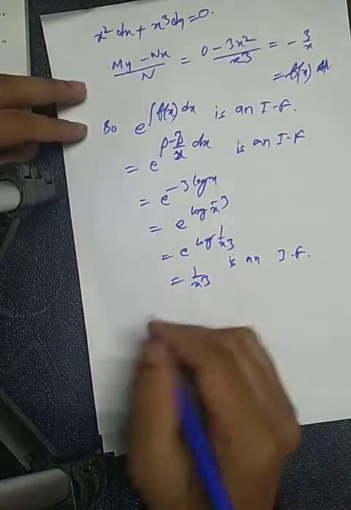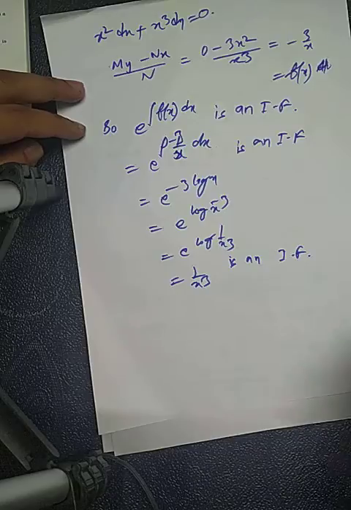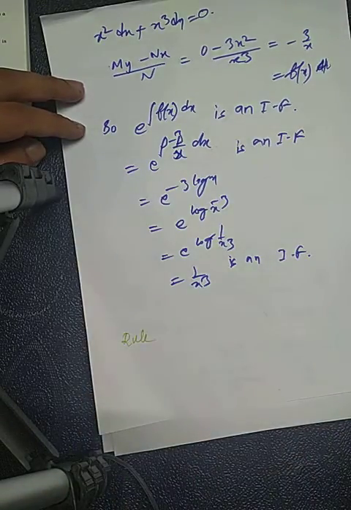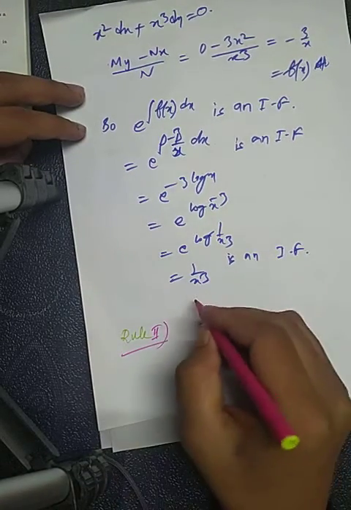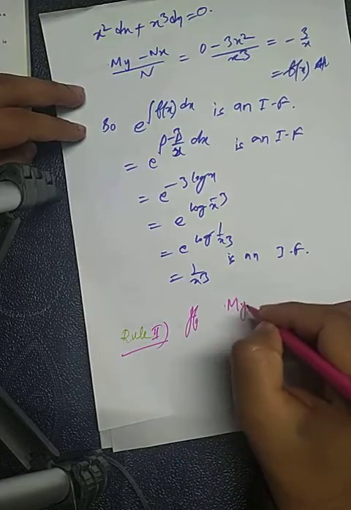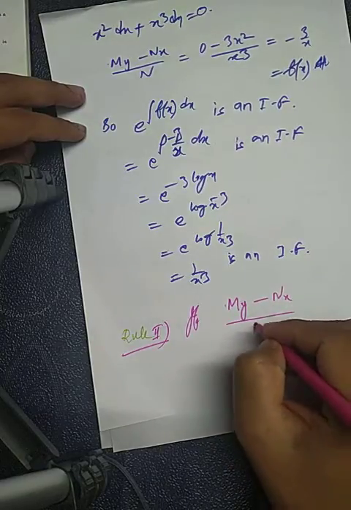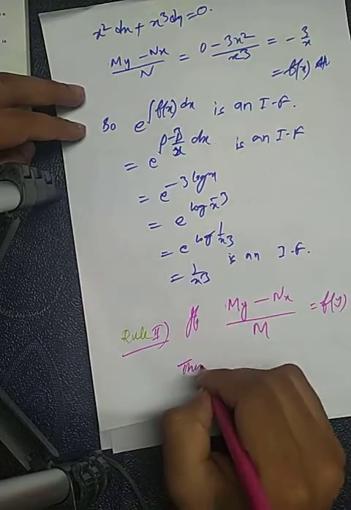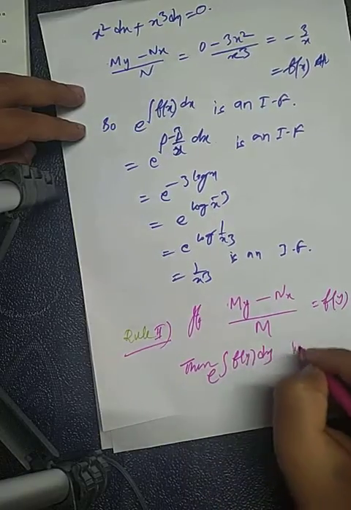We'll learn another rule, rule number 2, which says that if (∂M/∂y − ∂N/∂x) divided by M is a function of y alone, then e to the power integration f(y) dy is an integrating factor.